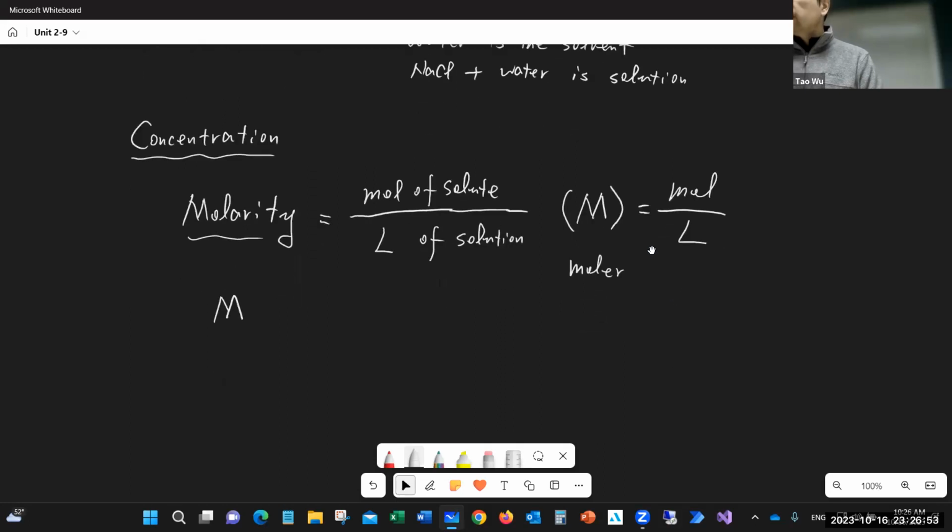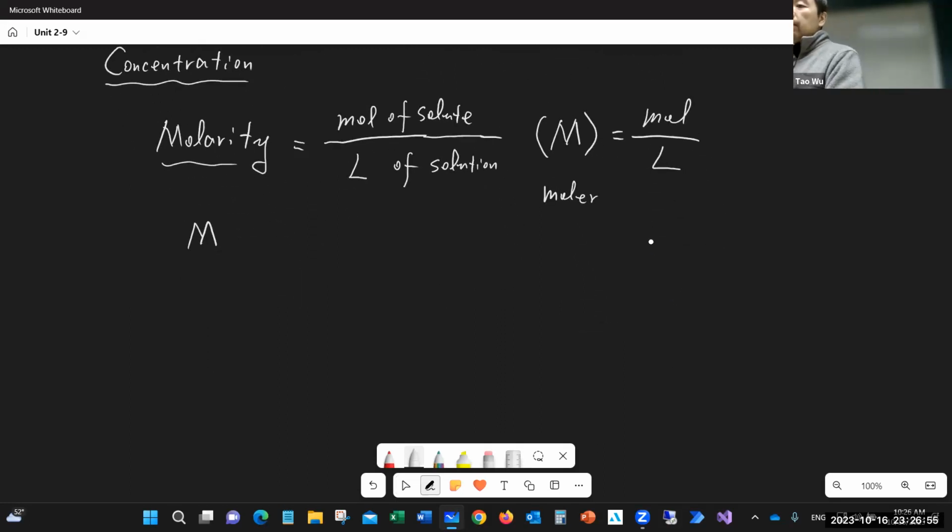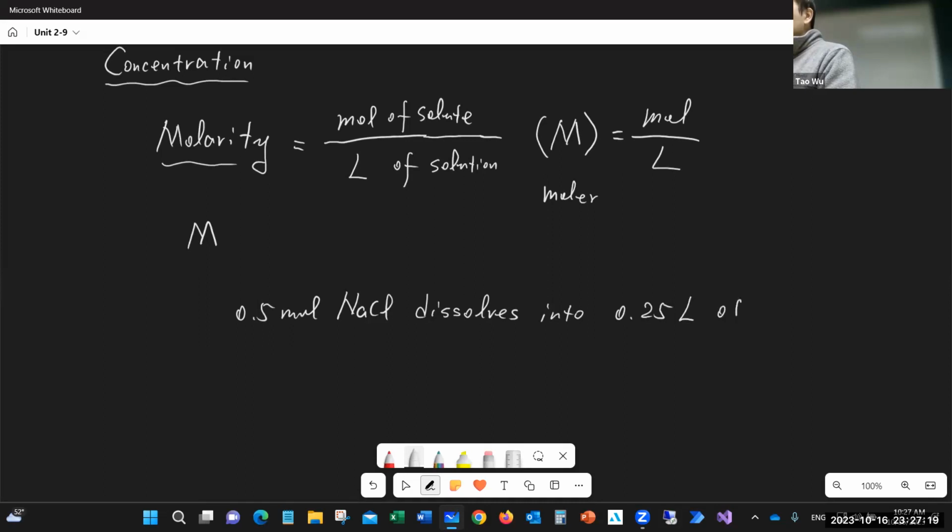So for example, if we have 0.5 mole of sodium chloride dissolved into 0.25 liter of solution, what's the concentration? What is the molarity?